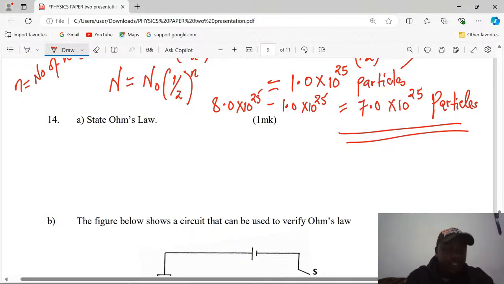Thank you. State Ohm's law. Now, Ohm's law on electricity. Chavakali, thank you. Ohm's law, current electricity too.